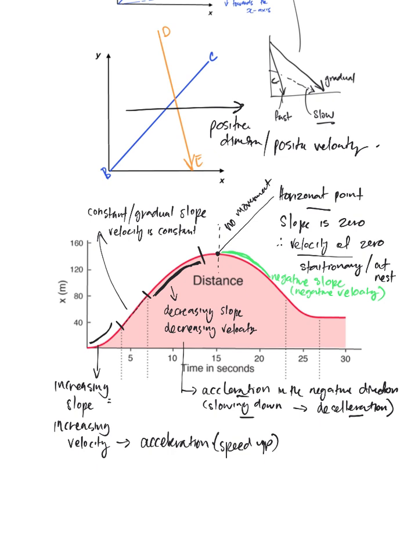Have a look at what's happening here. Have a look at this curve area here. What's happening here is that my curve is becoming flat. And if the curve becomes flat, it means that your velocity is becoming less.